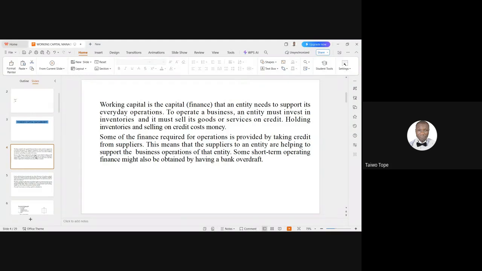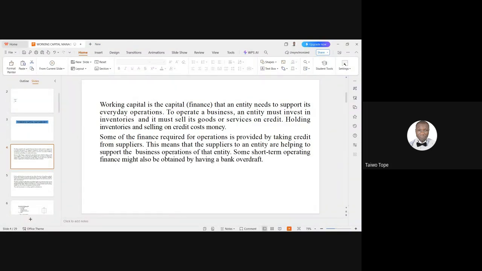Now, the essence of management is that when you have a proper policy in your organization on how to manage your working capital, the management policy should be focused on how the business will have sufficient liquid resources for its day-to-day operation.